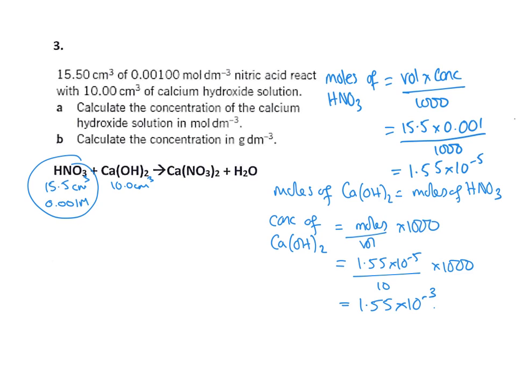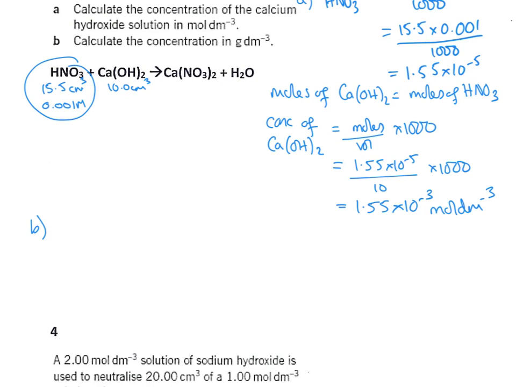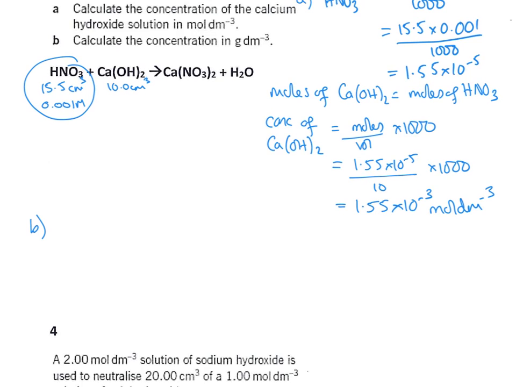It's a concentration, so it's moles per decimetre cubed. I now need to convert that concentration into grams per decimetre cubed. So the relationship between the two is moles per decimetre cubed equals grams per decimetre cubed divided by Mr. It's a variation of moles equals mass over Mr.